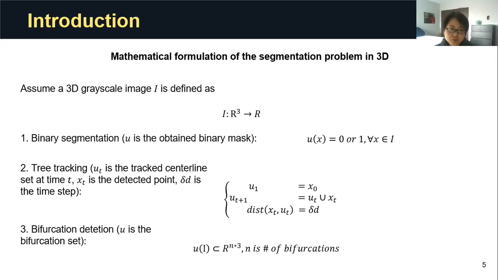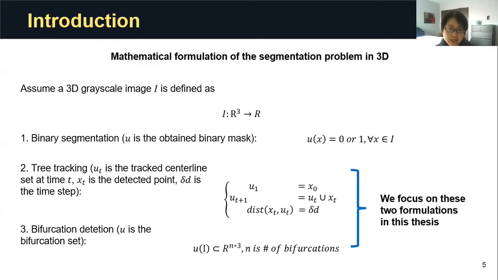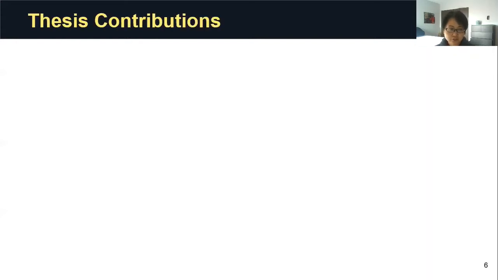The third formulation is bifurcation detection, where the output is a set of 3D points, not necessarily continuous, which can be anywhere in the image and are the bifurcation locations. In this thesis, we focus on the last two formulations, tree tracking and bifurcation detection.